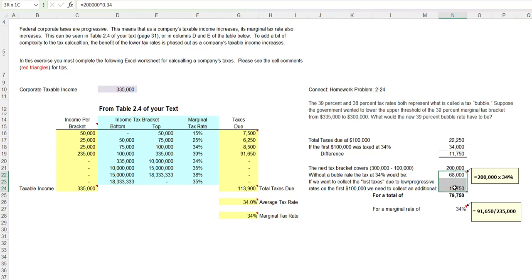Well, now we want to collect the $68,000 and the $11,000 benefit from the low brackets. So we're going to need to collect a total of $79,750 in income. Now, of course, that instead of being spread over 235,000, that 79,750 needs to be spread out over $200,000 in income.